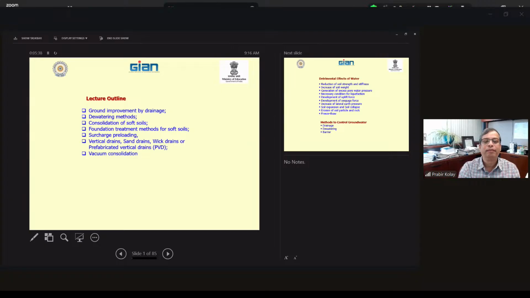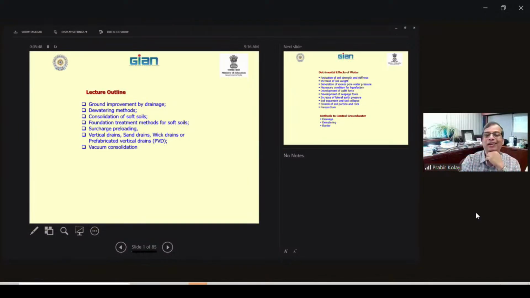So now in this session, I'm going to talk about soil ground improvement by drainage, different dewatering methods, techniques, and then consolidation of soft soil. I don't know whether I should cover this because everyone knows, but I may go quickly. Then the foundation treatment method for soft soil by using surcharge or PVD, surcharge or preloading.